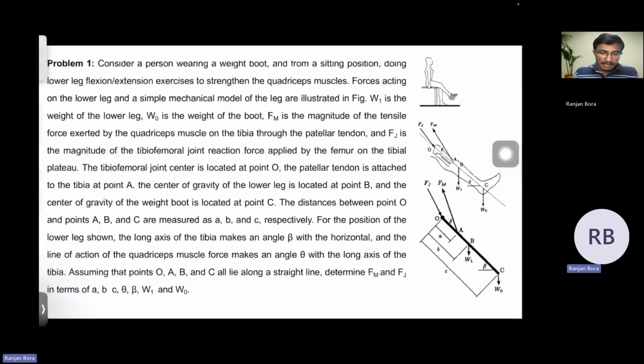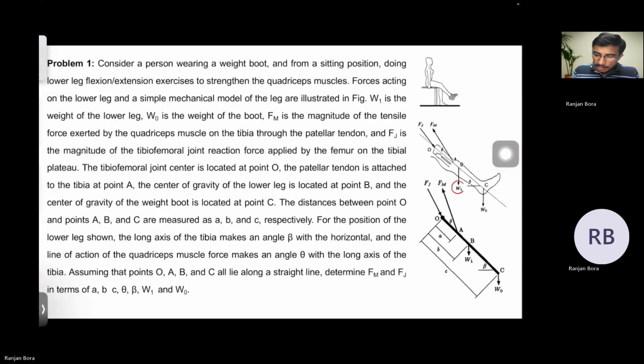So in the problem it is given, consider a person wearing a weight boot and from a sitting position doing the lower leg flexion extension exercises to strengthen the quadriceps muscles. Forces acting on the lower leg and a simple mechanical model of the leg are illustrated in figure.